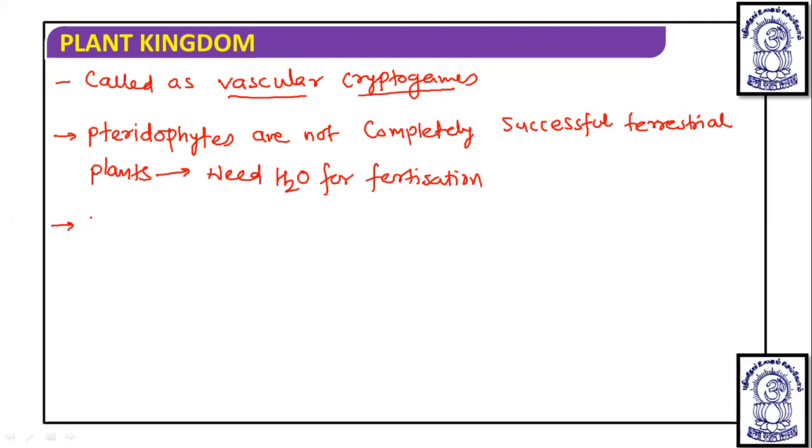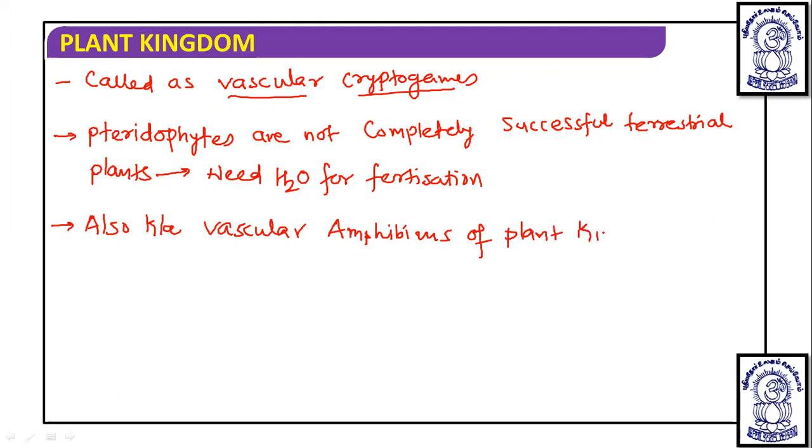They are also known as vascular amphibians of the plant kingdom, because they have vascular tissue and they are terrestrial plants, but still they need water for fertilization. They are amphibians of the plant kingdom.